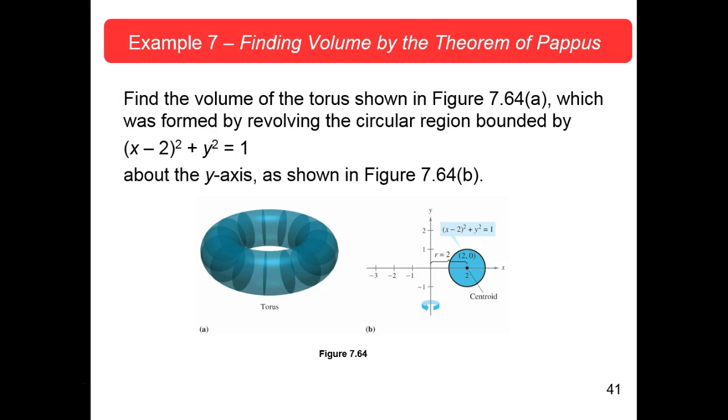Okay? And then it's 2 pi r, where r is 2, because that's the distance from the axis of symmetry, the y-axis, to the centroid of that circle, which is 2. So 2 pi r, that r being this 2, not the r of the circle.